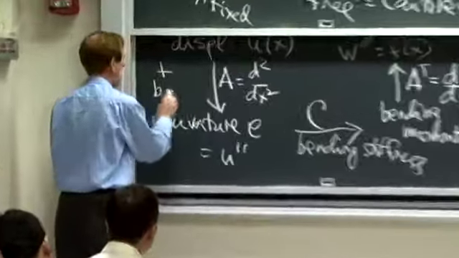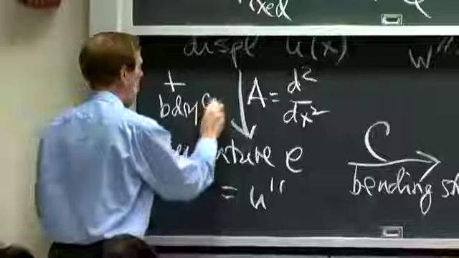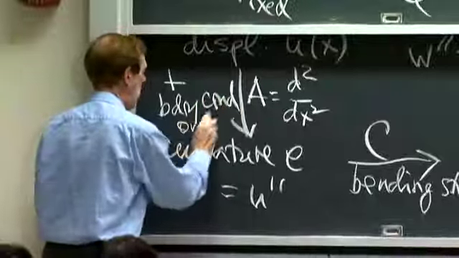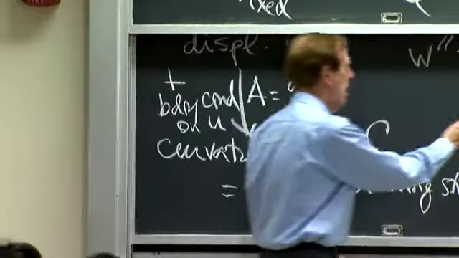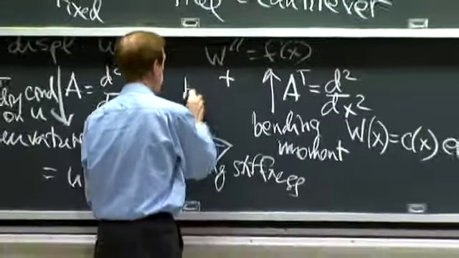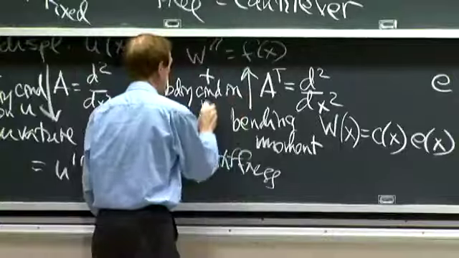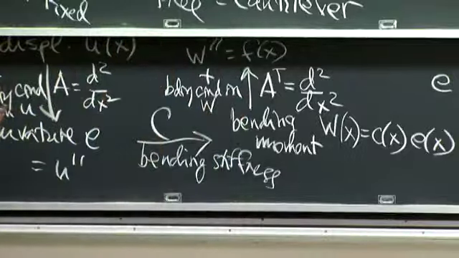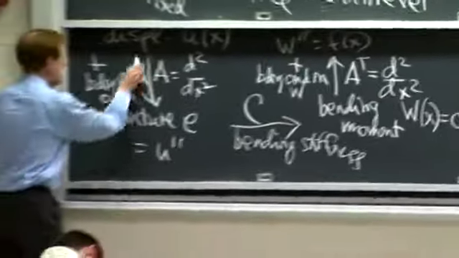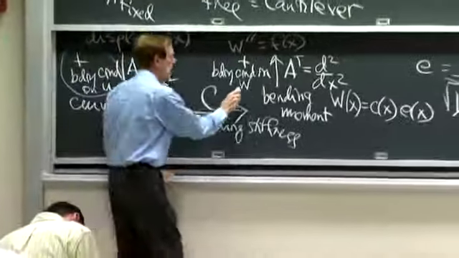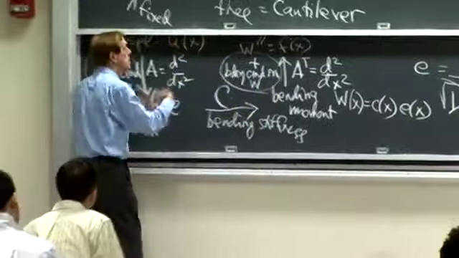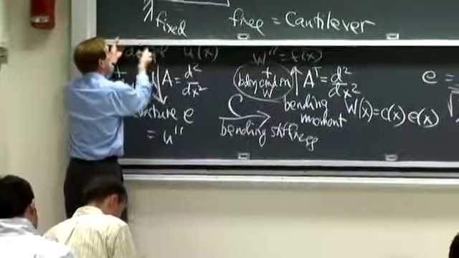We have plus boundary conditions on U. And here we have plus boundary conditions on W. So those parts we have not yet mentioned. And of course, that depends on my picture.